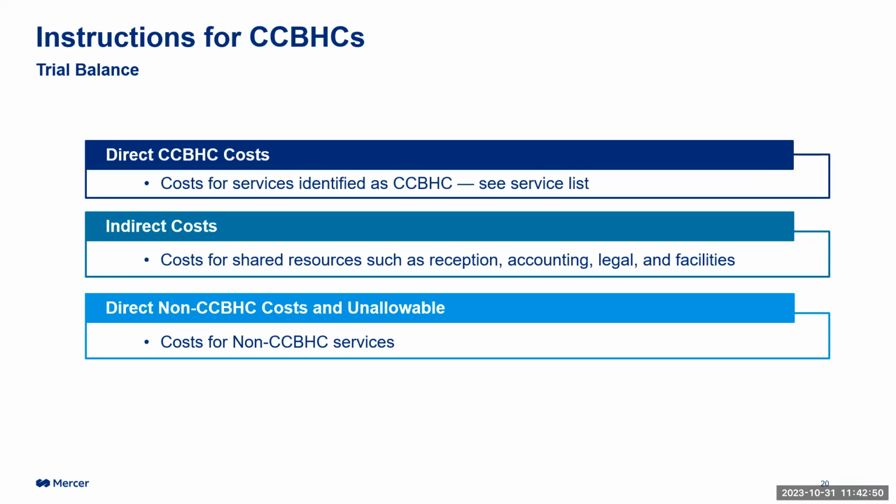These are the costs for the services that are identified on that services list as being actual CCBHC services. So it's the direct provider, hands-on type of costs, those providing the care more or less to the members. The second section of the tab, the trial balance tab, is going to have all your indirect costs.